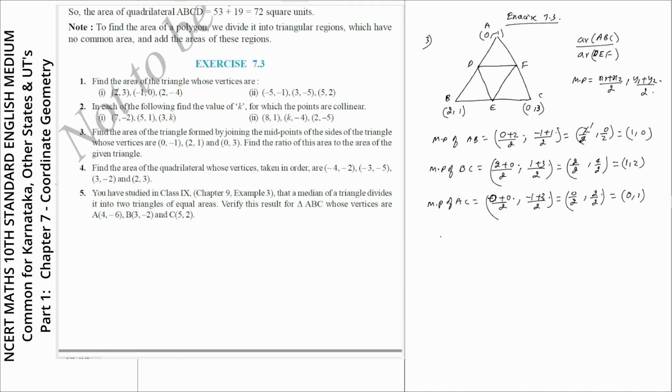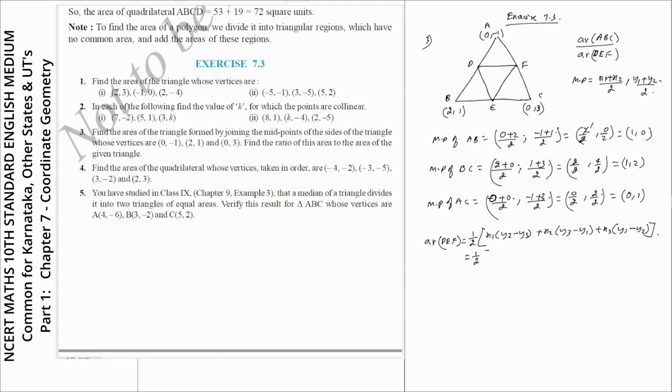Now what is the area of DEF? Area of DEF is given by, what is the formula? Write the formula, that is half into x1 into y2 minus y3 plus x2 into y3 minus y1 plus x3 into y1 minus y2. This is the formula. First always write formula and then proceed.